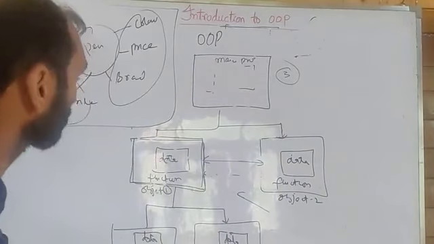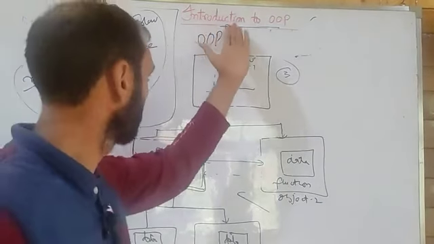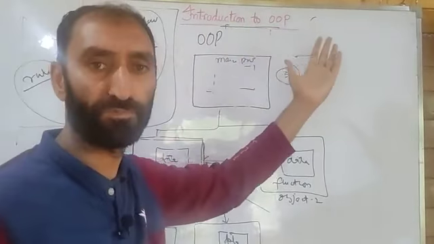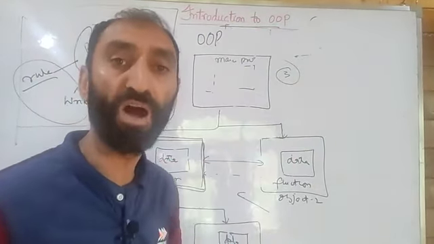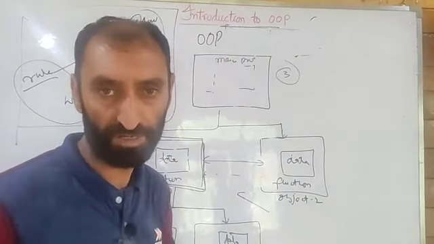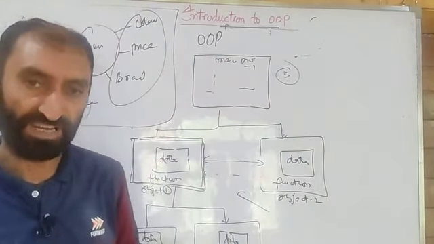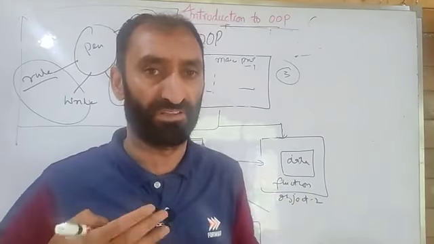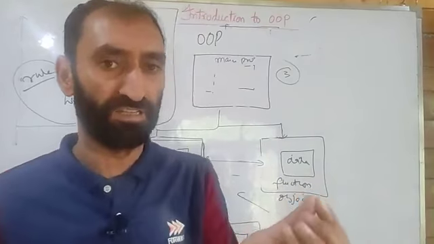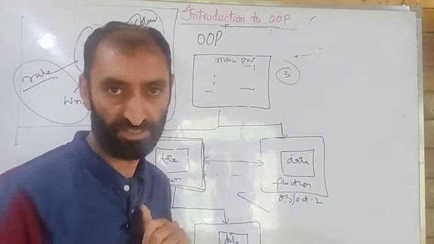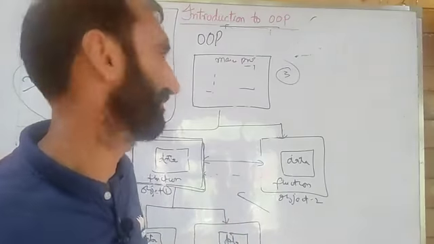I hope now you have understood the difference between object-oriented programming methodology and procedural-oriented programming methodology, or why we need object-oriented programming methodology. In the next video we will start the basics of C++ language, the introduction to C++.